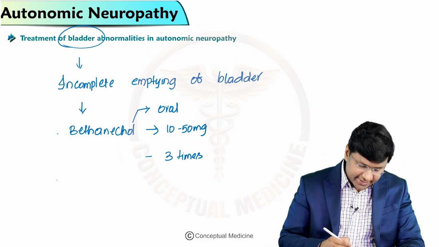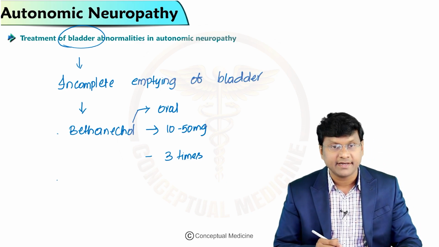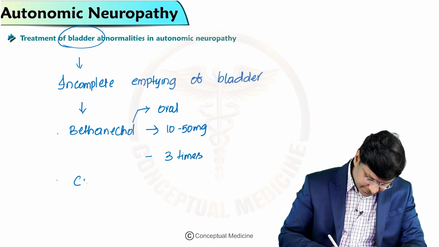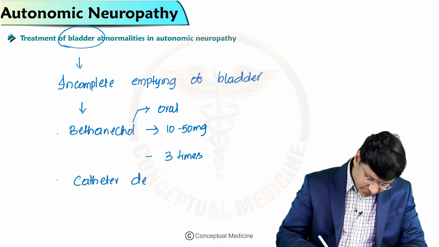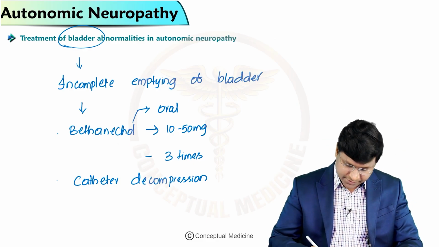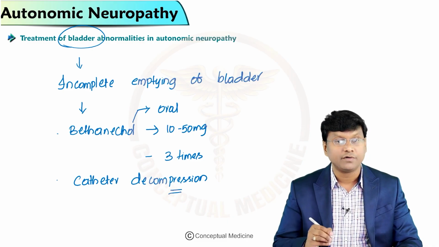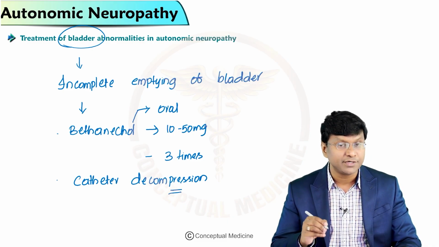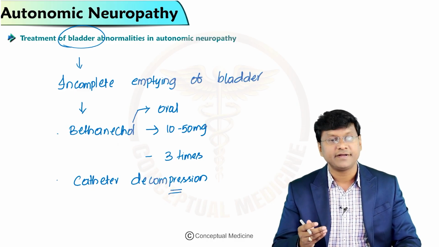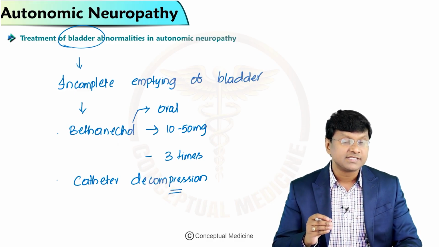And the other modality by which you can improve the bladder emptying is catheter decompression. Catheter decompression of the distended bladder has been reported to improve its function, and considerable benefit has been reported after surgical severing of the internal vesicle sphincter.